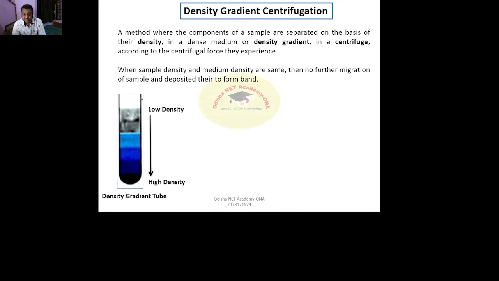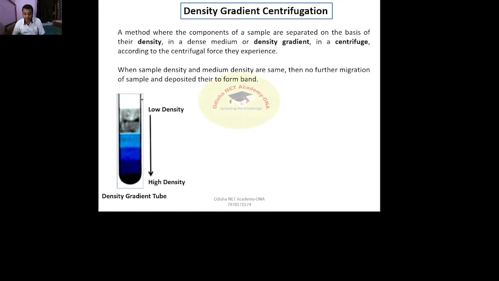Okay, so this is a separating method in which the molecules, whether it is protein or any other molecules, can be separated on the basis of their density. So you have to first prepare one gradient, a density gradient. Gradient means difference in density, same solution but different density.